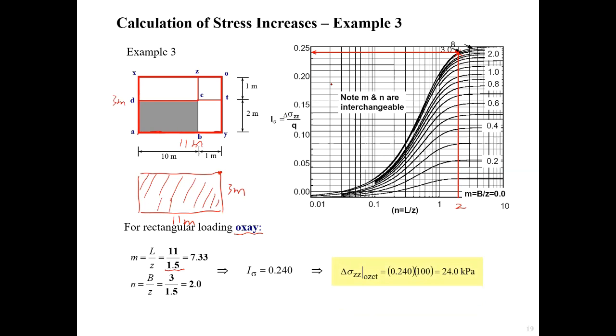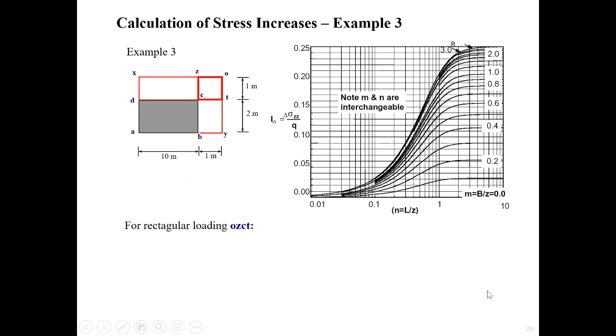And N sigma times Q, according to this chart, gives you the stress increase. So sigma ZZ for the first big rectangle is 24 kPa.